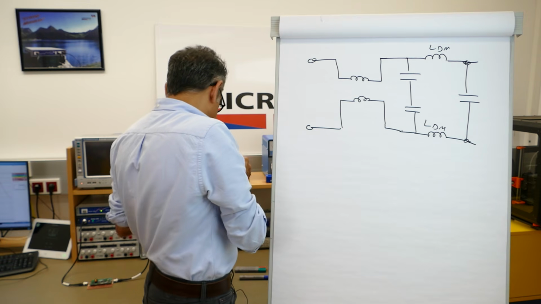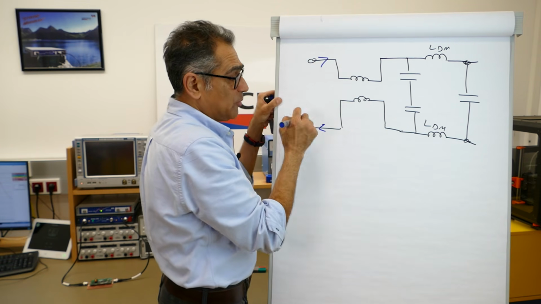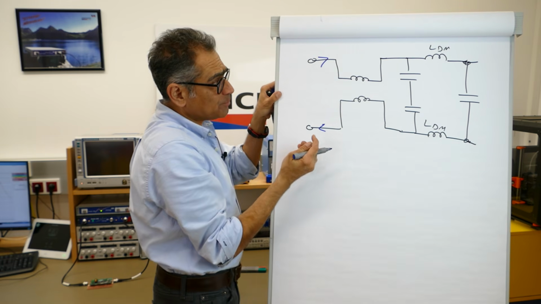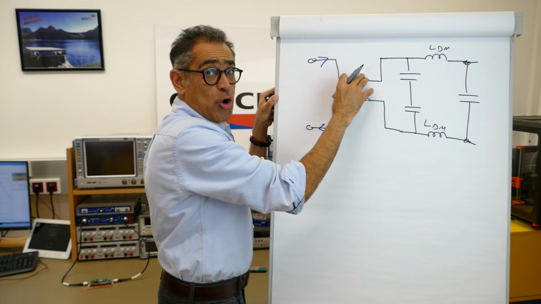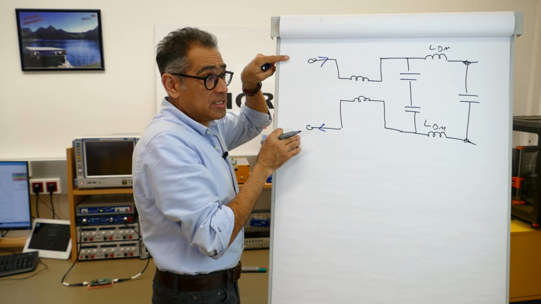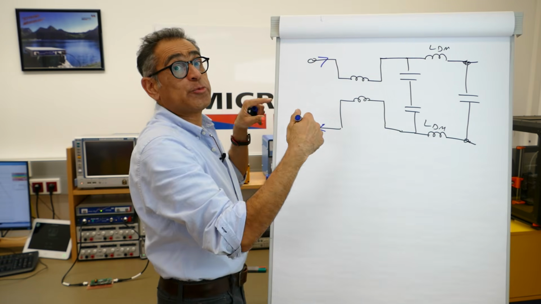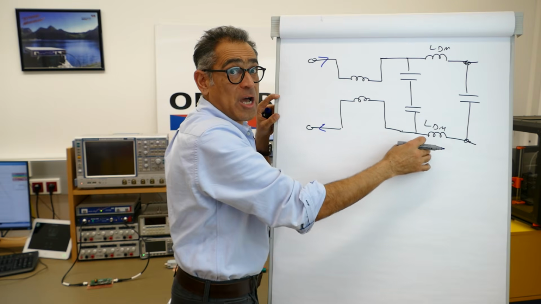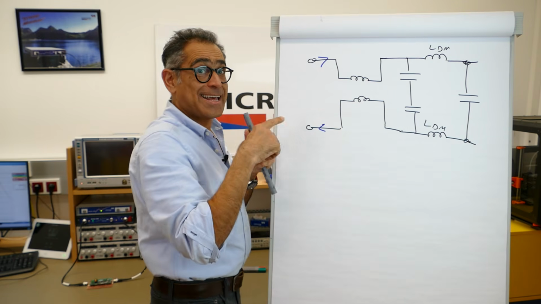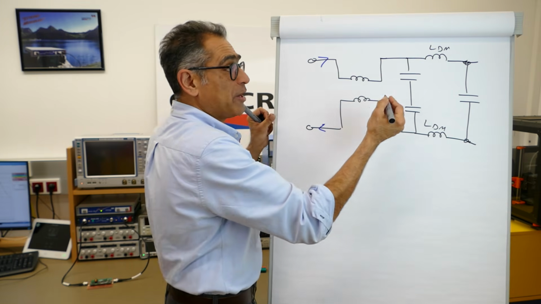Now if I inject a differential mode current for measurement purposes, then the common mode choke itself actually disappears as far as the differential mode current is concerned, because the current going this way cancels out with the current that way. What we are left with is the leakage of the common mode choke, which of course we use as our differential mode inductance.